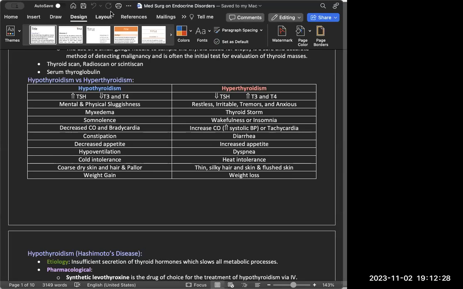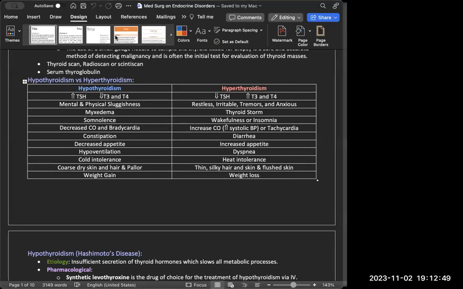If someone has hypothyroidism, we're going to have an increase in thyroid stimulating hormone and a decrease in T3 and T4. So if we have a decrease in T3 and T4, now we know we're talking about hypothyroidism. And I like to think about these as polar opposites.